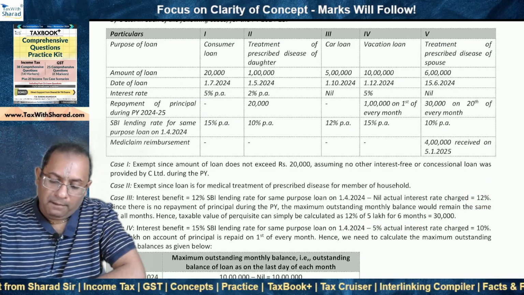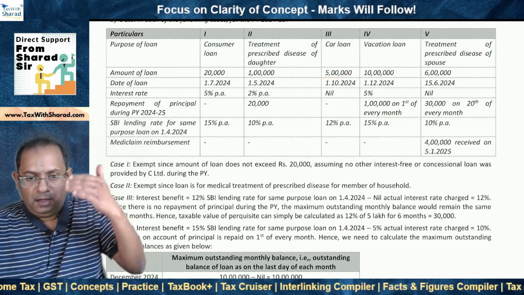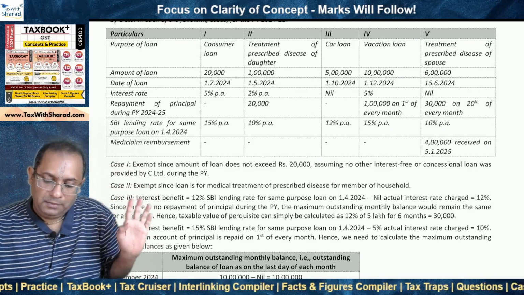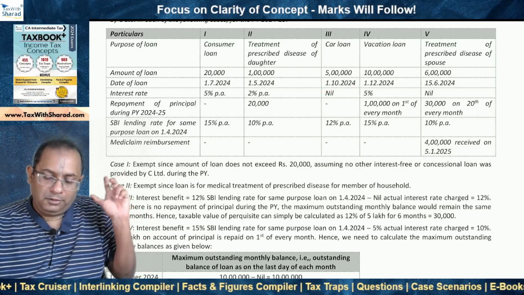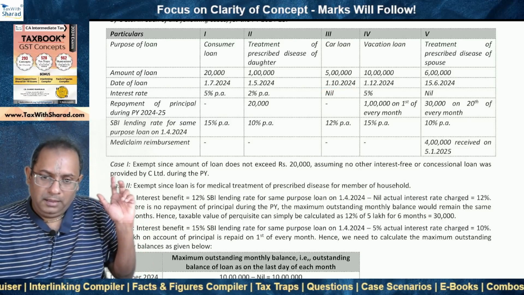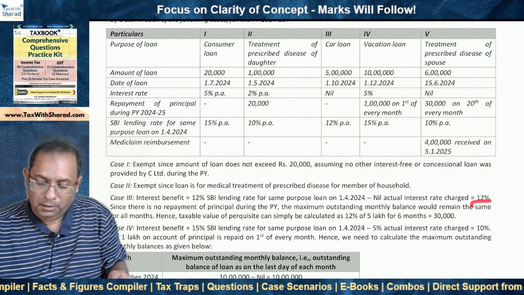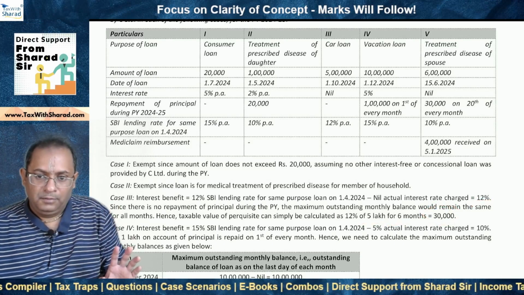Interest benefit into 5 lakh, which is the outstanding balance continuously at the end of each month till the end of the previous year till March, and the period from 1st October to the rest of the year, the number of months is 6. So basically the interest of 12% on 5 lakh for 6 months, 30,000, is the taxable value of perquisite.